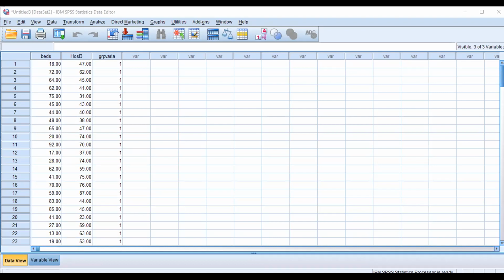Also for the F value, the significance value is 0.217, which is also more than 0.05. Since all p-values are more than 0.05, we accept our null hypothesis and conclude that both hospitals do not have any significant difference in their bed facilities.